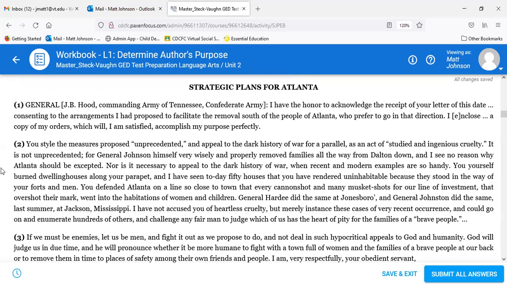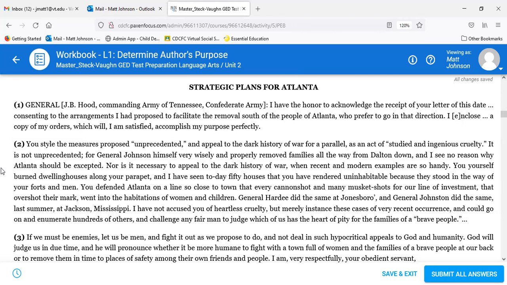You style the measures proposed unprecedented, and appeal to the dark history of war for a parallel as an act of studied and ingenious cruelty. It is not unprecedented for General Johnston himself very wisely and properly to remove families all the way from Dalton. And I see no reason why Atlanta should be excepted, nor is it necessary to appeal to the dark history of war when recent and modern examples are so handy.